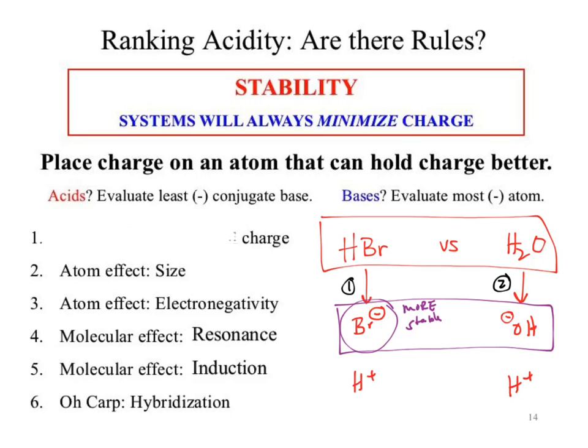It is more likely to happen. We aren't saying it's going to happen. That's a separate comparison. We're just saying more likely at this point. It is more likely than reaction 2 because I form a more stable product. More stable products always form because what did we do? We minimized the charge better than the other one.